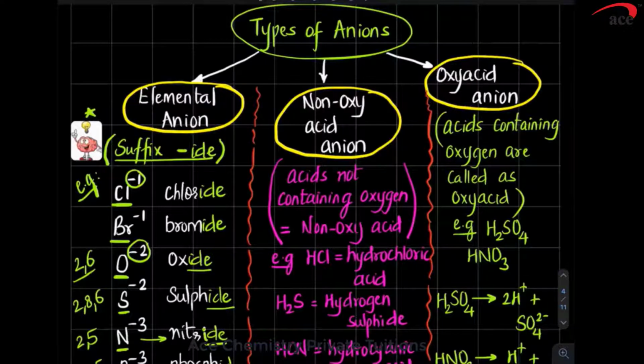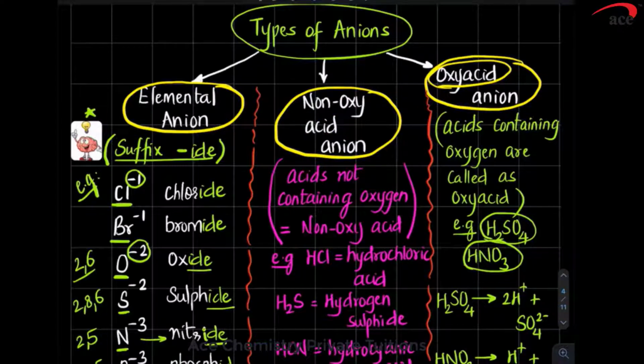Types of anions, second part. Acids are of two types, non-oxy acids and oxy acids. What are oxy acids? Sulfuric acid is an oxy acid. Nitric acid is an oxy acid containing oxygen. What is a non-oxy acid?